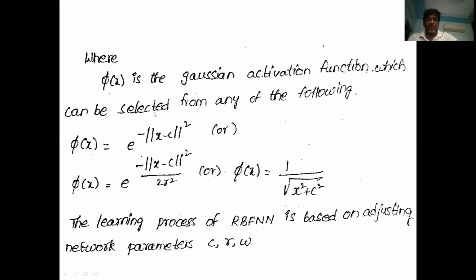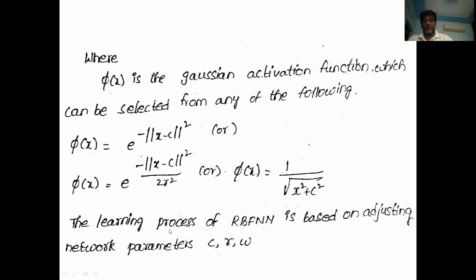If you observe the activation functions that we can select as phi of x for our hidden neurons, all of them contain either c or r. The performance of the RBF neural network training algorithm mostly depends on how you select c, that is the center, how you select r, and how w is calculated.